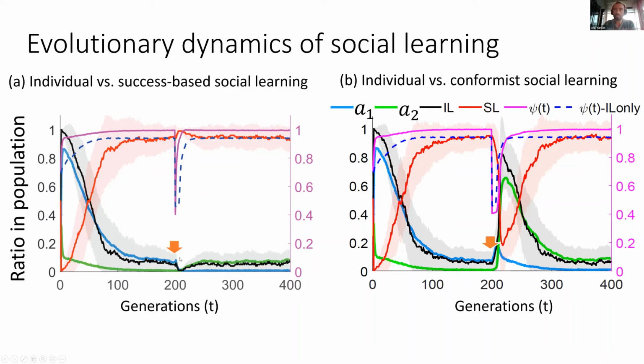In this case, if there is even one individual learner in the population, it may find the new optimum behavior, and then social learners directly copy that, and it will spread very fast. So we are not seeing this response.